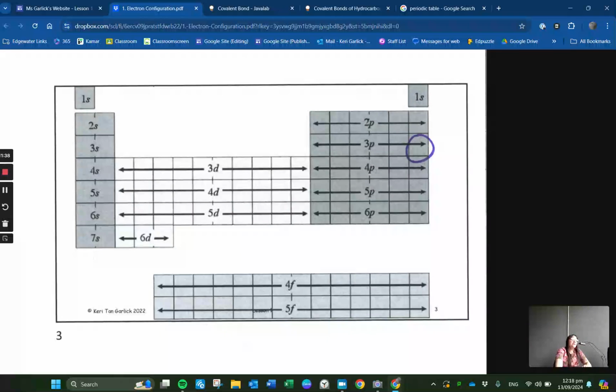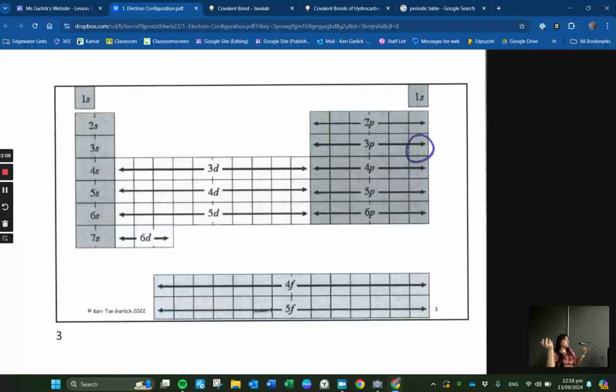The thing to keep in mind with this extended octet, everything we were doing last year was really simple stuff. Once you get to silicon on the periodic table, there's this valence D shell. So if I have more than 8, I can start putting the extra electrons into this D shell. That's what the SciPad is trying to explain when it's looking at the electron configuration.